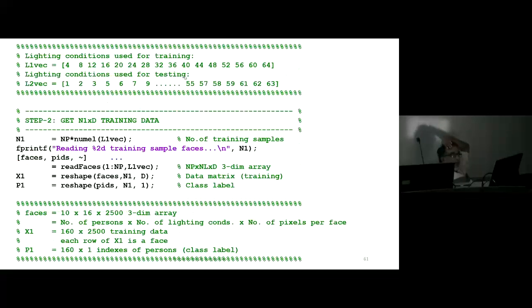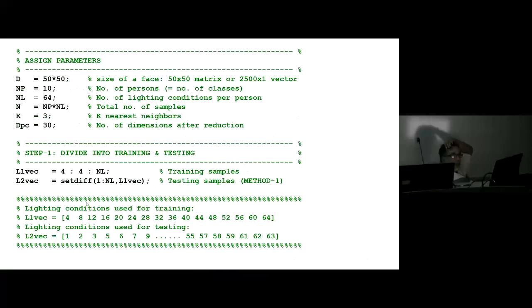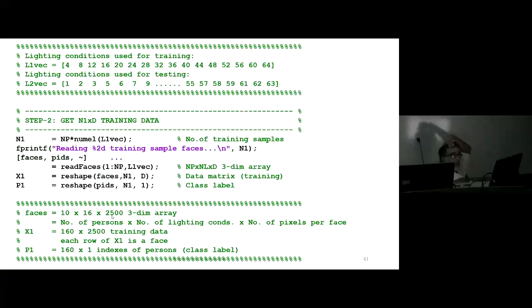N1 equals NP, the number of people, 10, which is the number of class labels, times the number of elements. L1 vec, how many do we have here? 16. So 10 times 16 is 160, right?